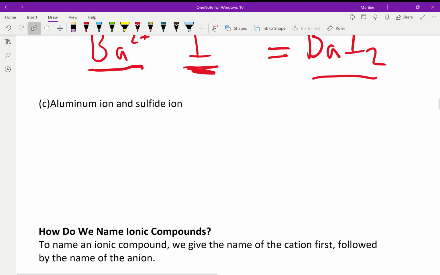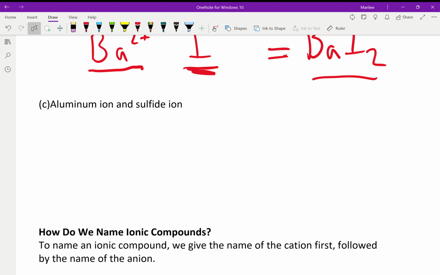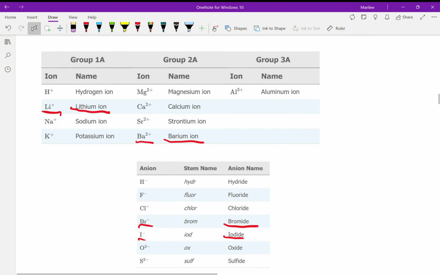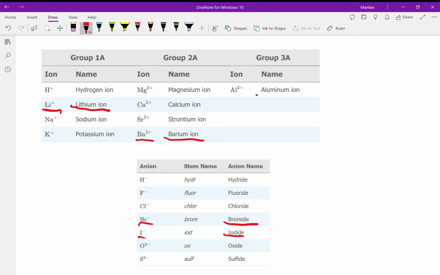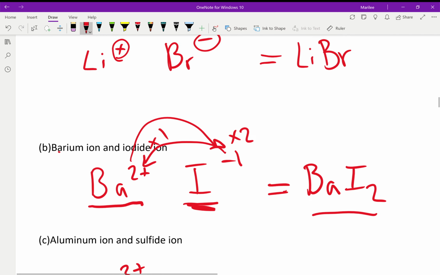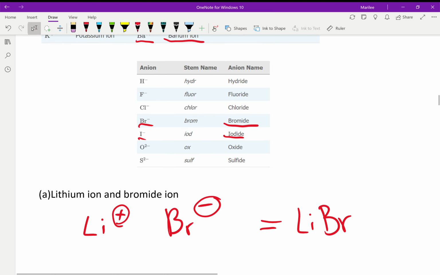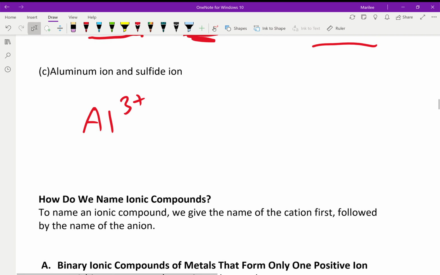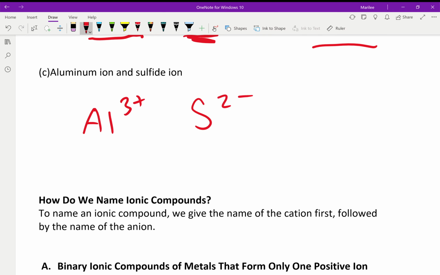Another example here is aluminum ion and sulfide ion. Here's aluminum ion, it's Al3+, and sulfide ion here is S2-. So the charges are not neutral, right? So we have to multiply.